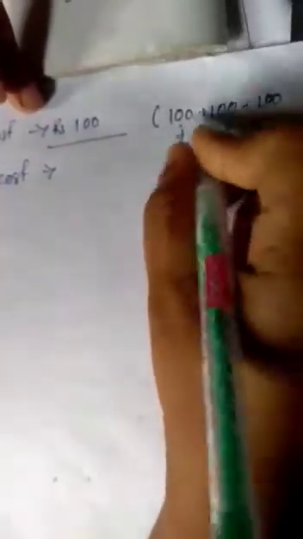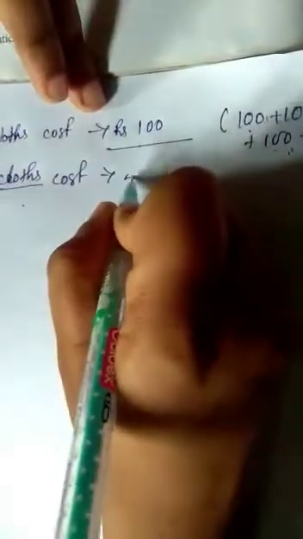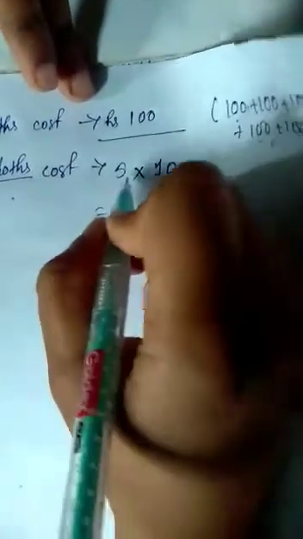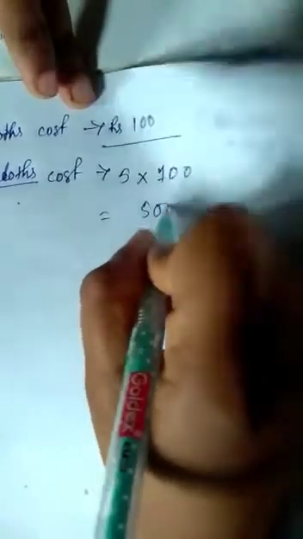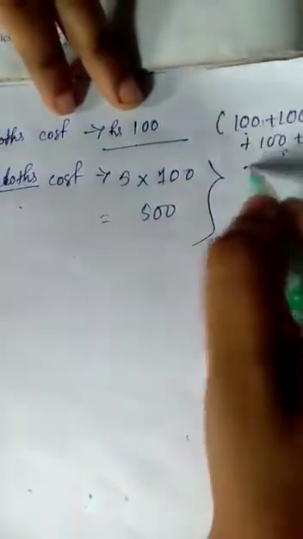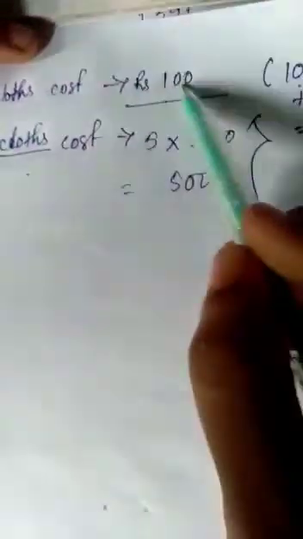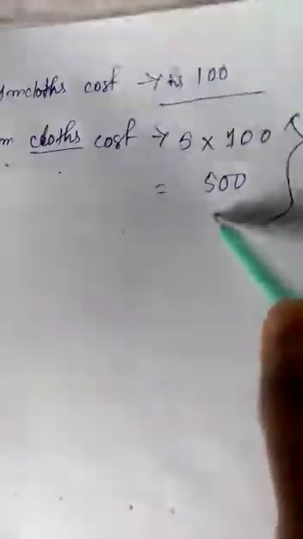How many times have you added? 5 times. So you can multiply 5 into 100 and easily get the result, 500. It is easier to multiply: the product of 5 meters with the cost of 1 meter. So 5 into 100 is 500.